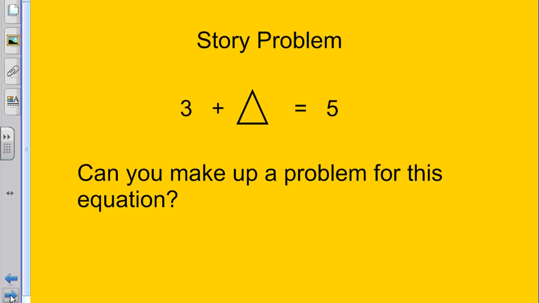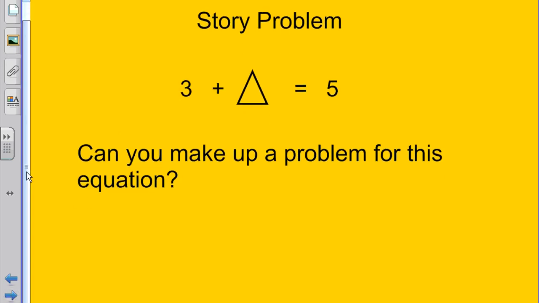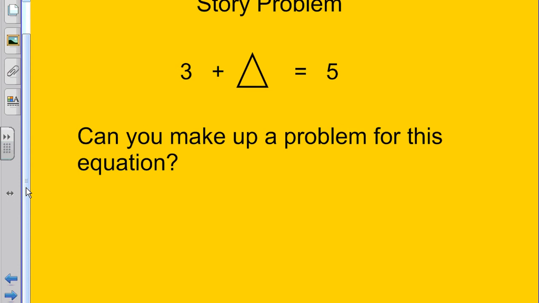Alright, let's go on to the last one. Story problems. So now we've done story problems. I've shown you some of them, and you hated them. But the reality is they're very easy to do. Okay, Ted, what do you think the story problem for this is going to be? Like, John went to the farmer's market.